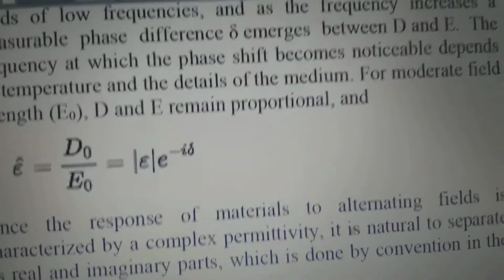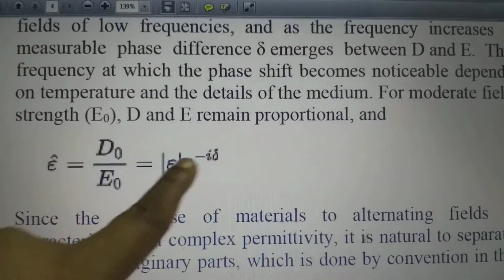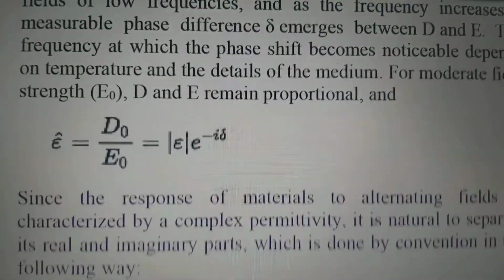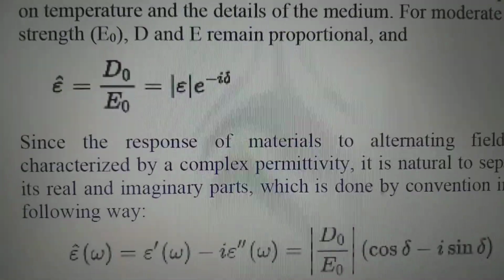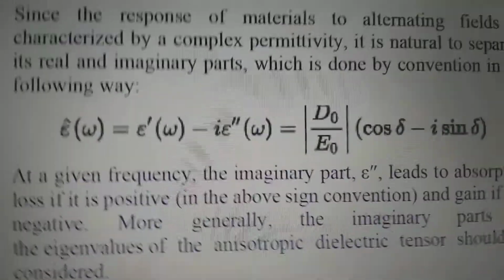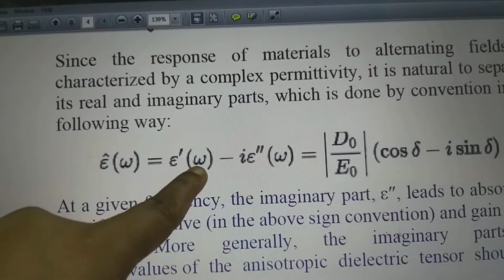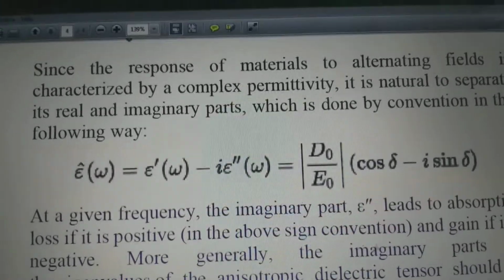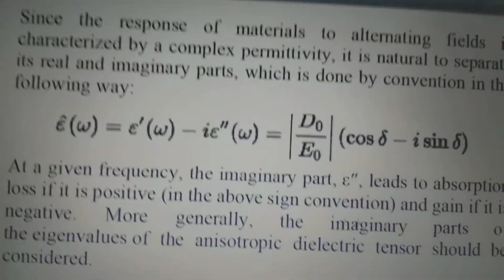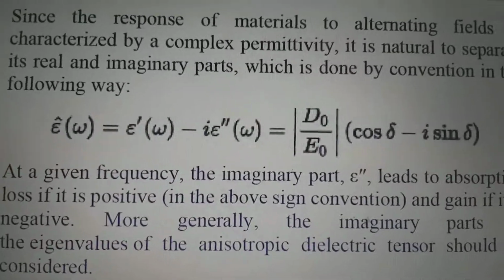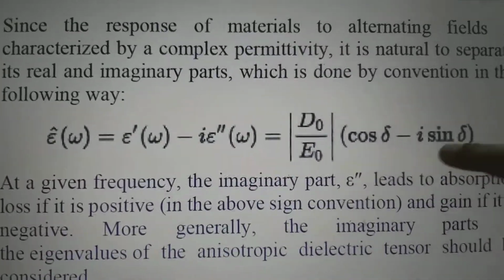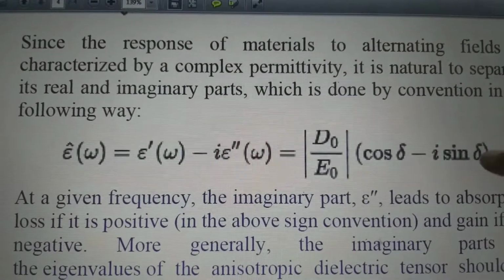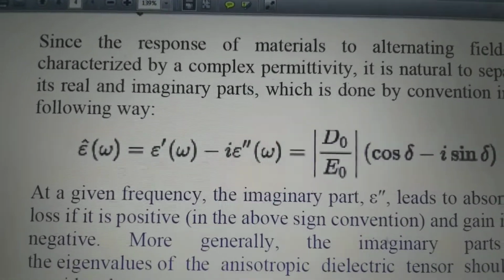If there is high frequency, a phase difference will occur, so it will be complex. D by E is equal to epsilon e power minus i delta. This epsilon equals epsilon dash of omega minus i epsilon double dash of omega, which is equal to the modulus of D by E into cos delta minus i sin delta. If sin delta is positive, there is a loss occurring. If sin delta is negative, there will be a gain occurring.